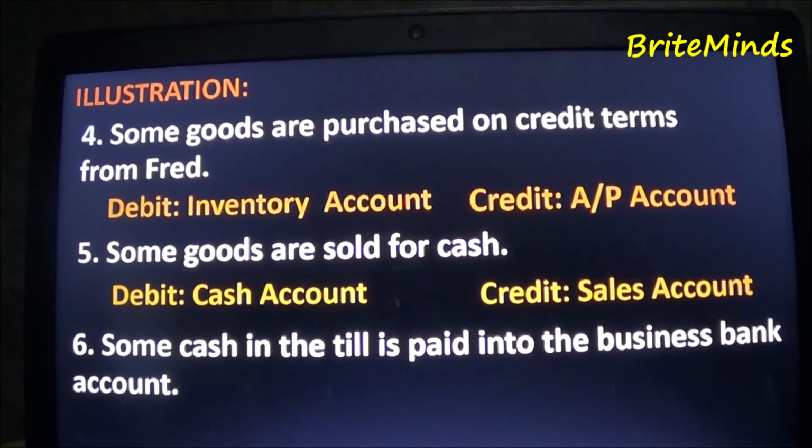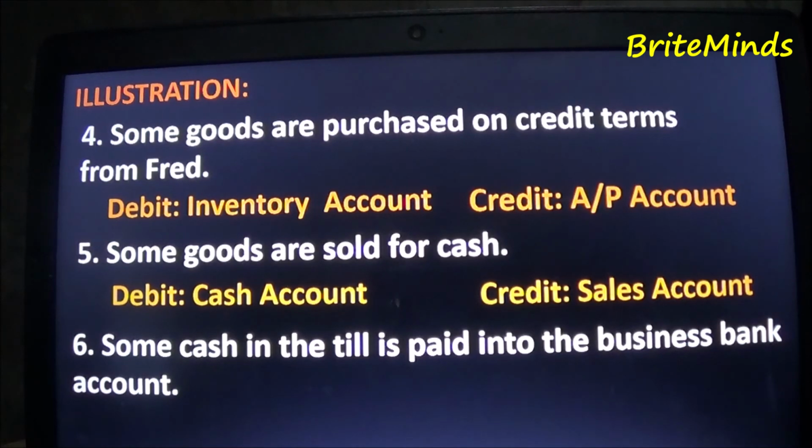And the last transaction says some cash in the till is paid into the business bank account. So what accounts are affected by this transaction? It shows cash and the bank account.